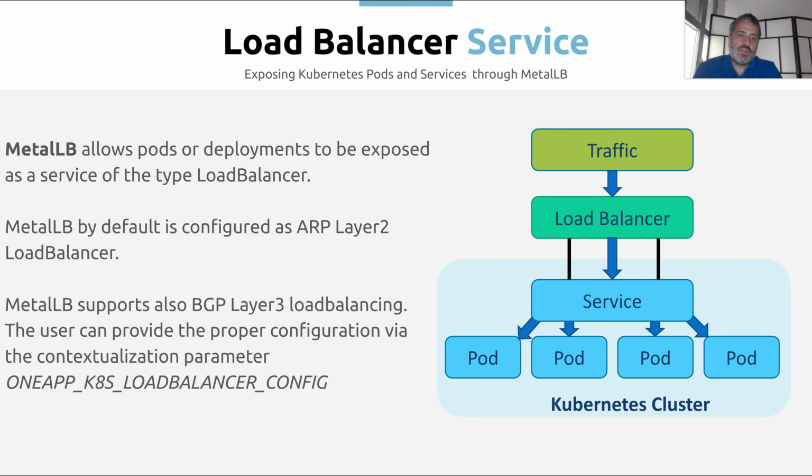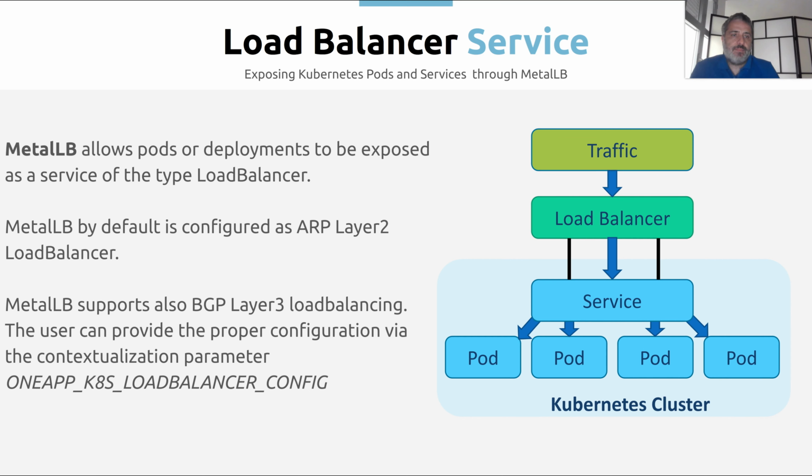Once you define this range and instantiate the Kubernetes cluster, you use the load balancer service type. MetalLB will assign one of the IPs in the range to the service, and then you can access the service by using this IP.